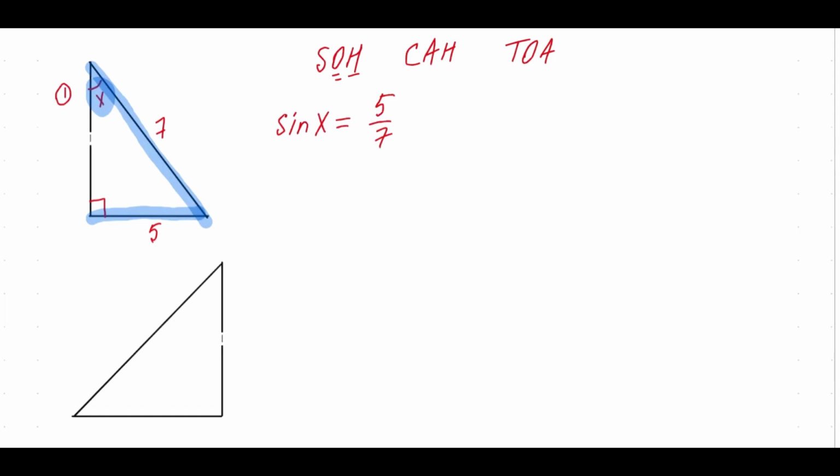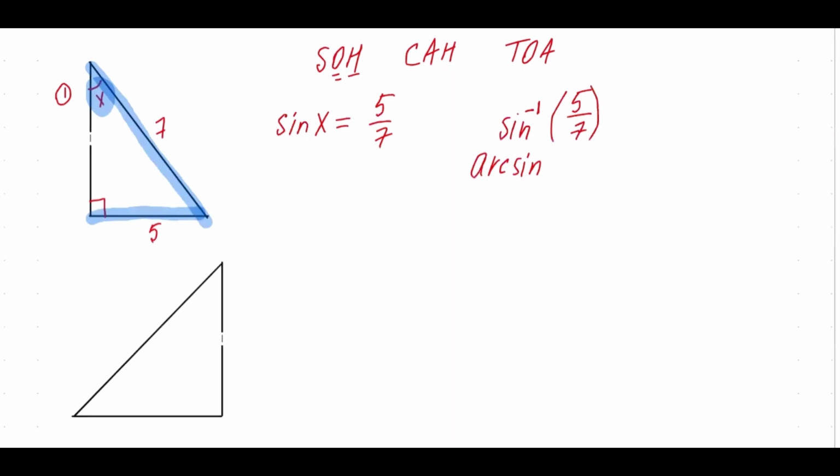If you look at your calculator, you will find something that looks like this. This is called inverse sine, sometimes called arc sine. In most calculators, you press shift sine to get the inverse sine operation, and you put this ratio inside this function.